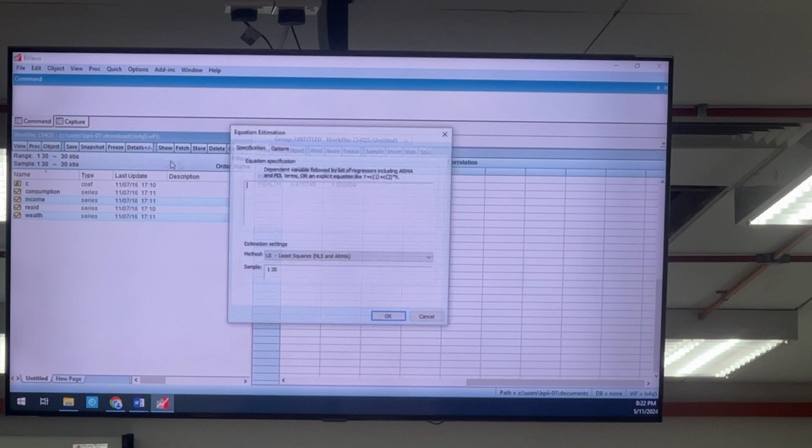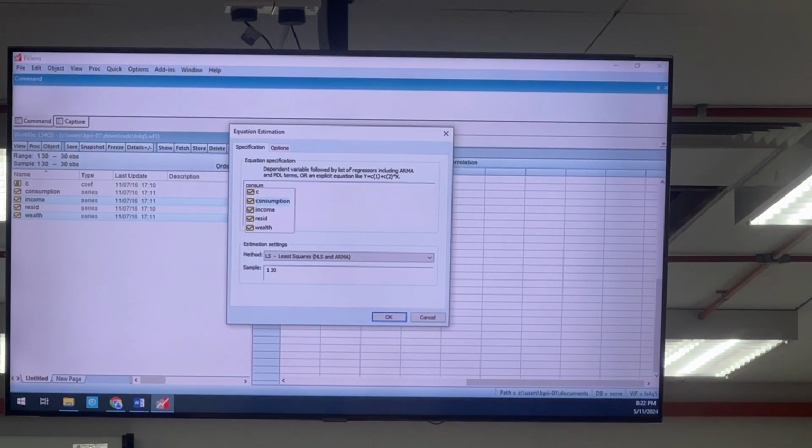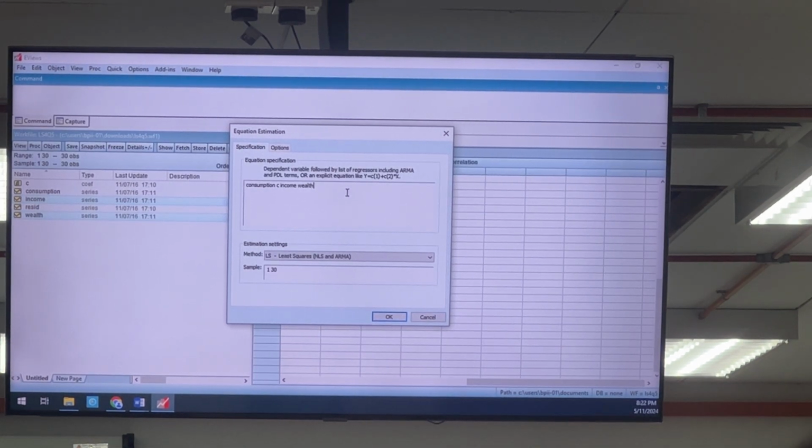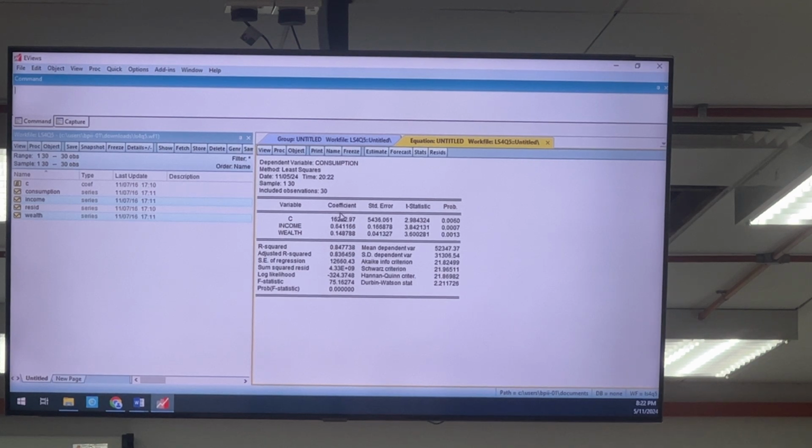We estimate as usual: consumption, then income, and wealth. Before you estimate, the good practice is to figure out the expected sign of the estimates.